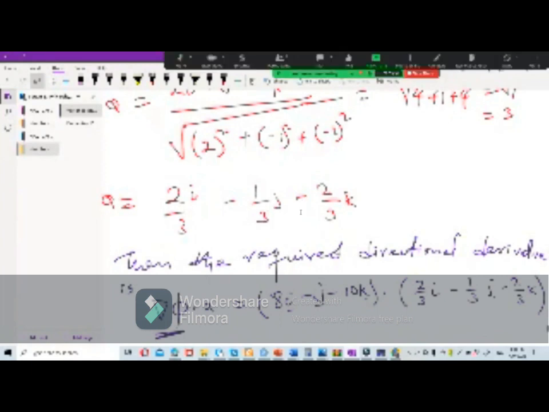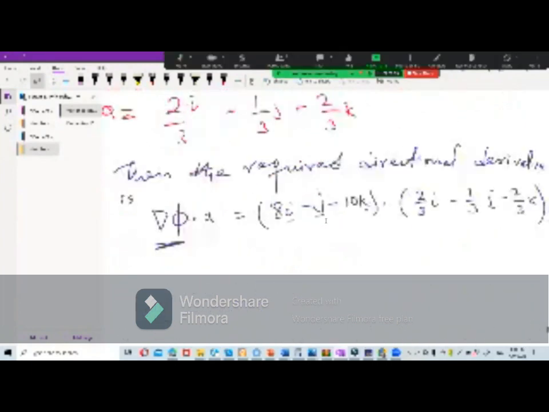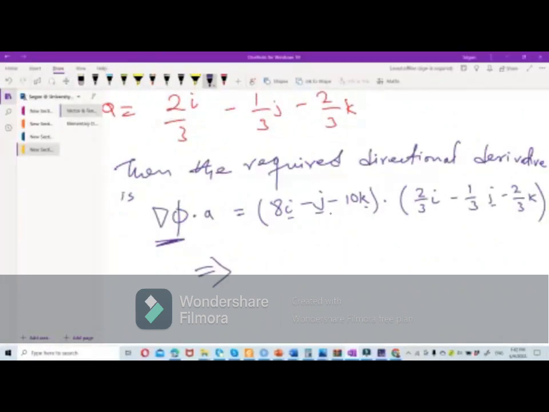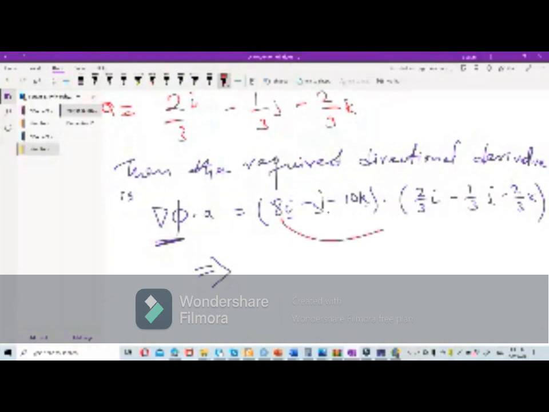So now, if I take the dot product, remember i dot i is equal to 1. So we multiply this component by component, so it makes it simple.